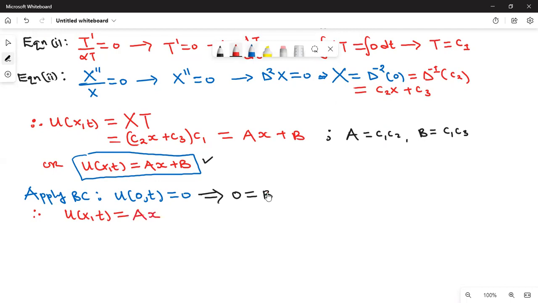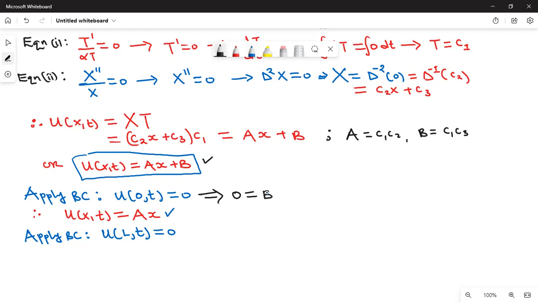Apply the other condition, the second boundary condition, that u of L,t should also give us 0. You need to substitute where there is X, you put L in this equation, and where there is u, you substitute 0.